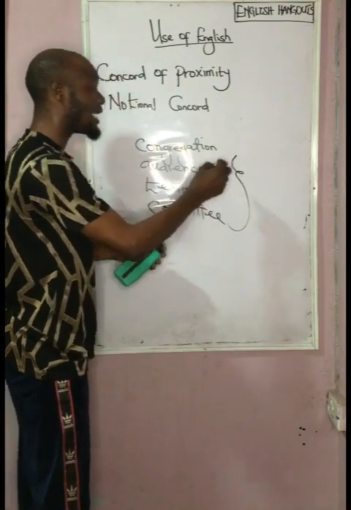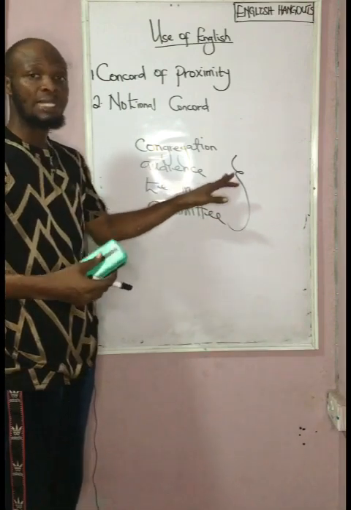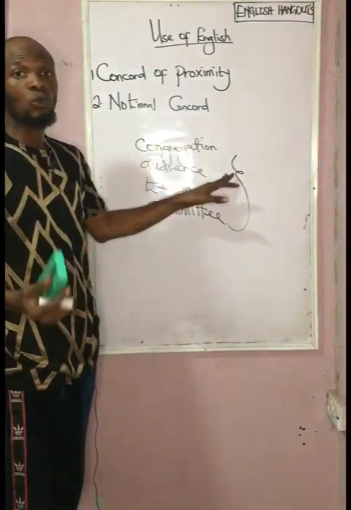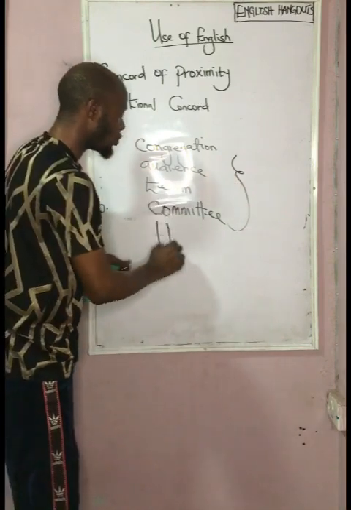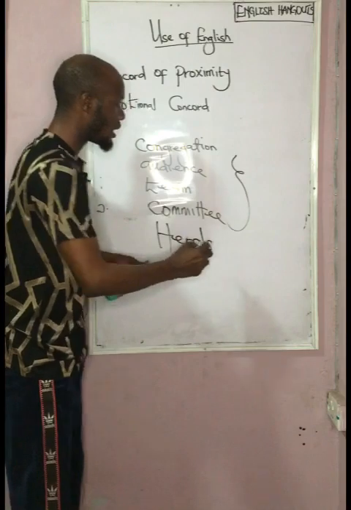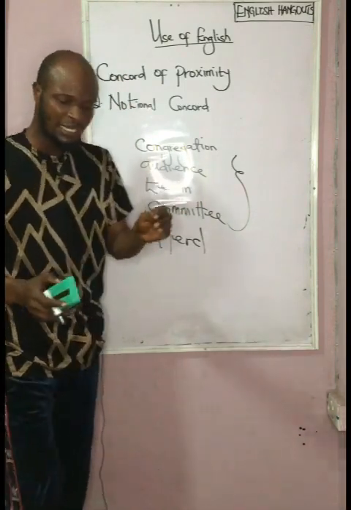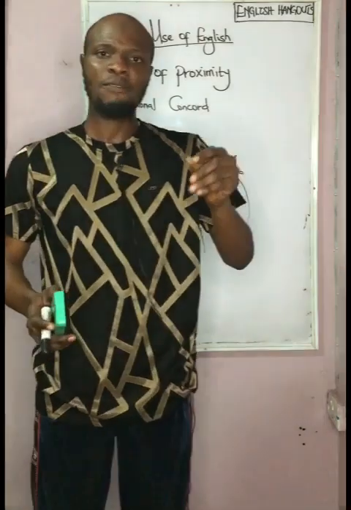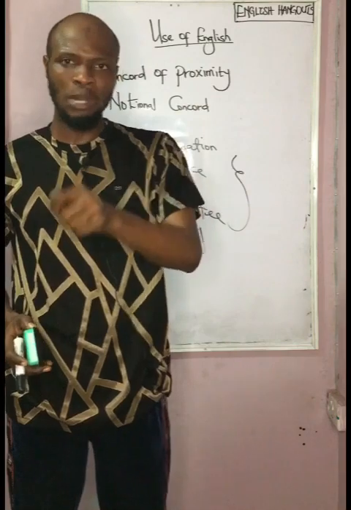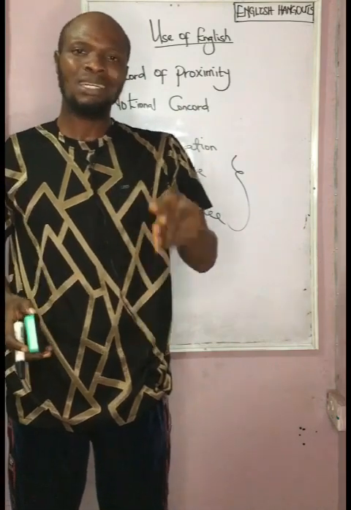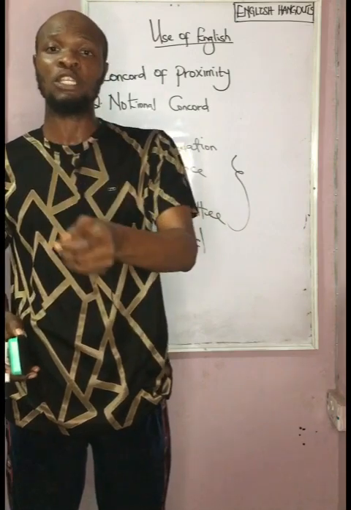these are examples of what? Collective nouns. These are nouns that deal with groups of persons. Herds has to do with groups of animals. Therefore, when we have a collective noun in a sentence, the verb will be either singular or plural, depending on the context in which that particular expression is being used.